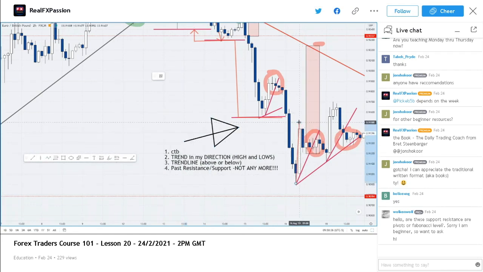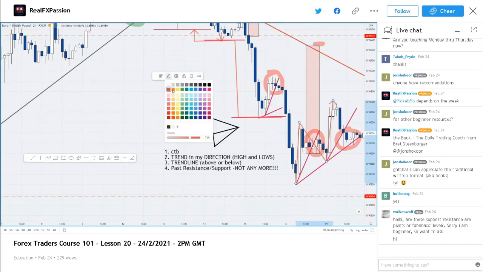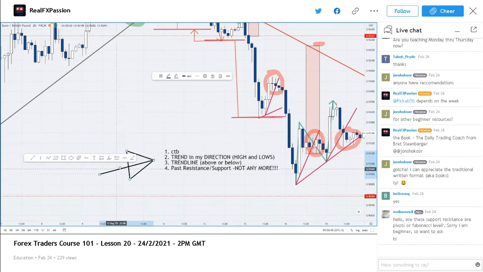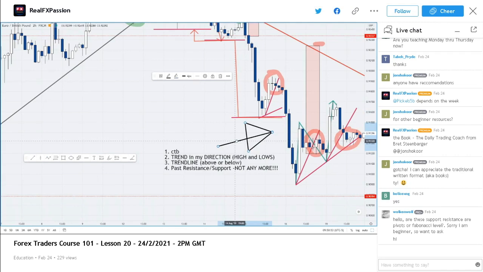Low to high, high to low, low to high. Do I have the trend in my direction, everybody? Because the answer is yes. This support is.